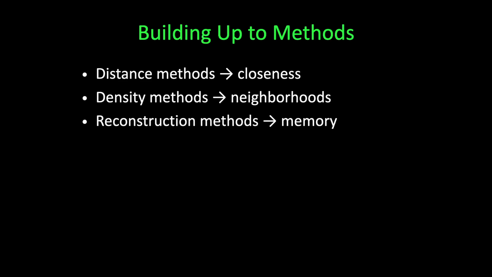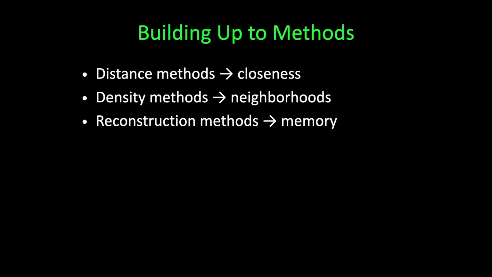Reconstruction-based methods are ways to test memory. They might ask, if I train a model to memorize normal patterns, does this new event fit, or does it stick out? Would it be an anomaly? These questions sound simple, but they map directly to well-known algorithms that we use when we're building models. K-nearest neighbors, or KNN, is something that you'll hear.